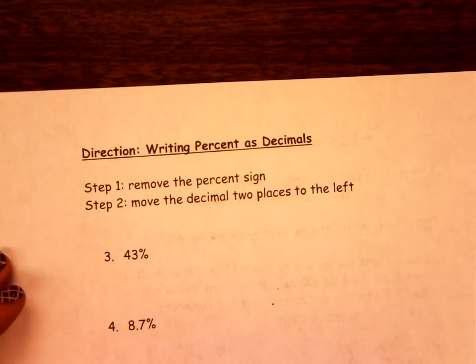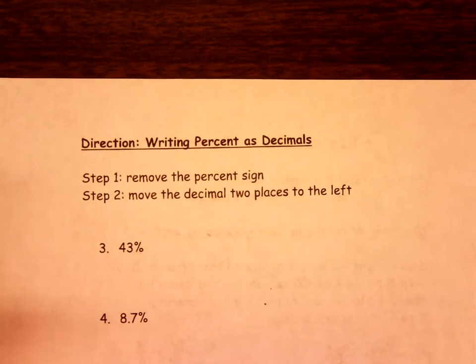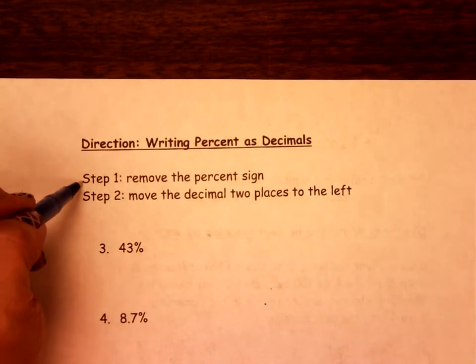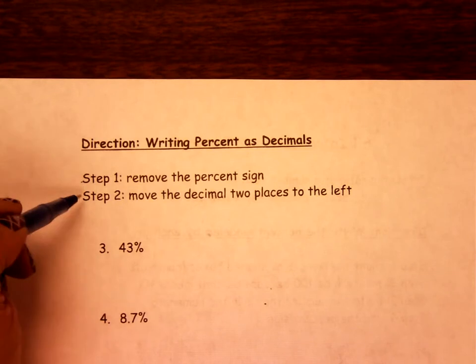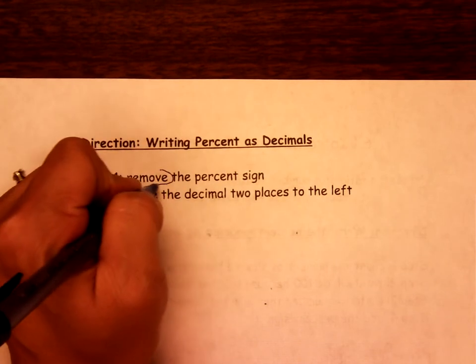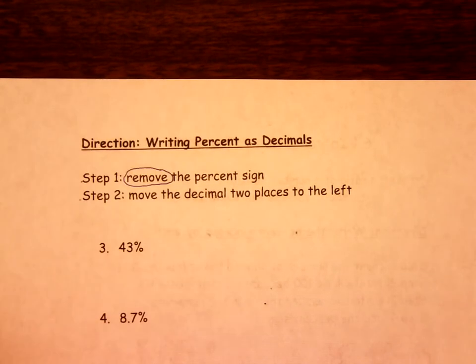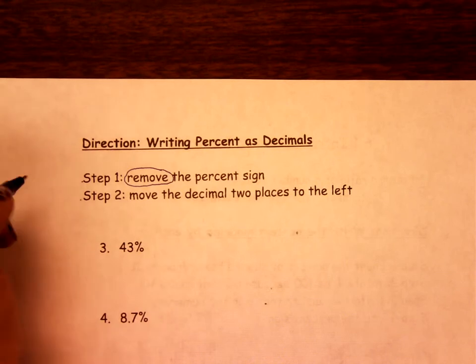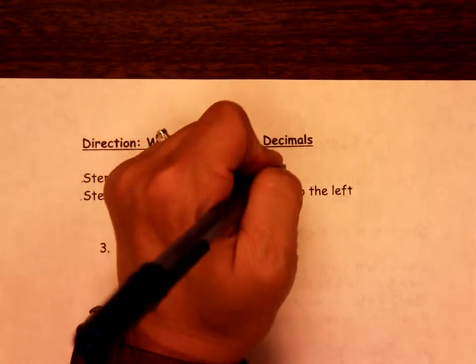Right, the next part is writing a percent as a decimal. Step 1 is to remove the percent sign. Step 2 is to move the decimal 2 places to the left. I want you to highlight the word remove. Anytime you see the word remove, you know the number is going to get smaller.